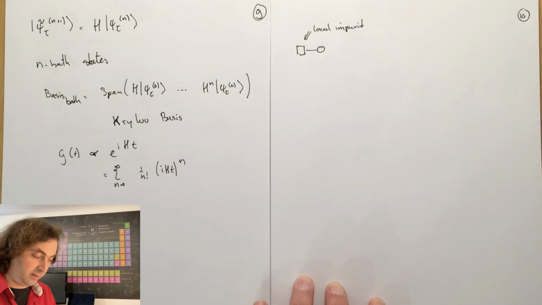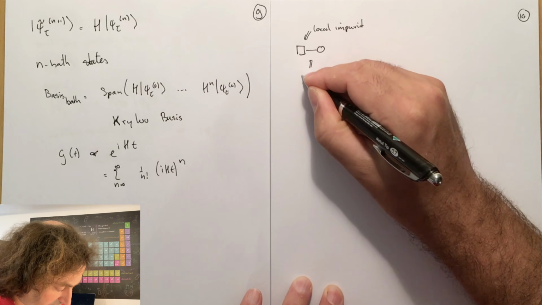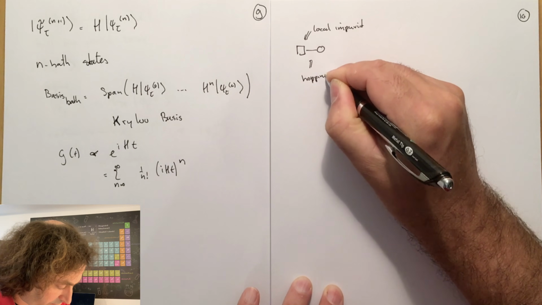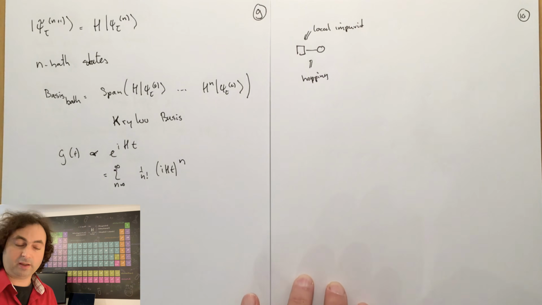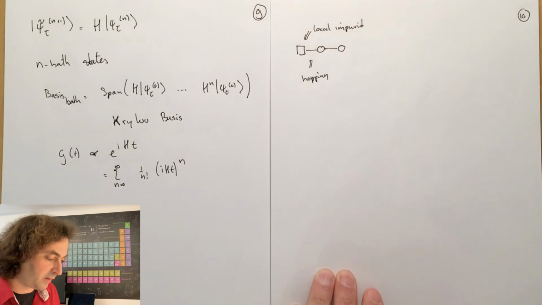Then we act with the Hamiltonian on that first bath state, so this is now the hopping. And when we act with the Hamiltonian on the first bath state, we generate the second bath state.